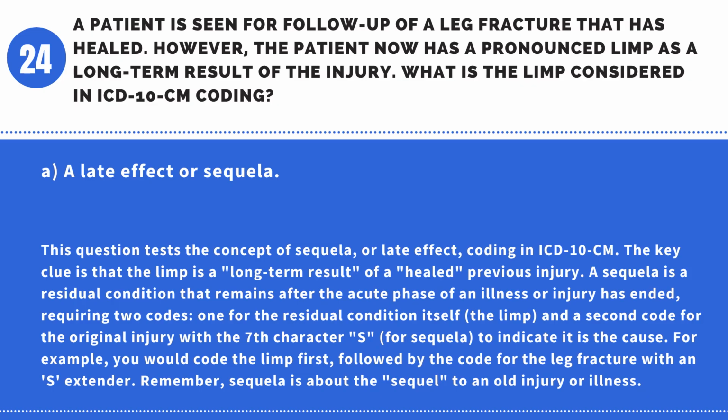A sequela is a residual condition that remains after the acute phase of an illness or injury has ended, requiring two codes, one for the residual condition itself, the limp, and a second code for the original injury with the seventh character S, for sequela, to indicate it is the cause. For example, you would code the limp first, followed by the code for the leg fracture with an S extender. Remember, sequela is about the sequel to an old injury or illness.